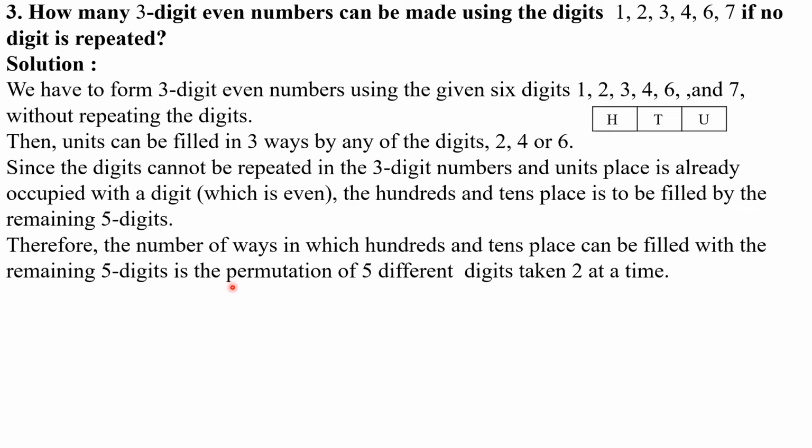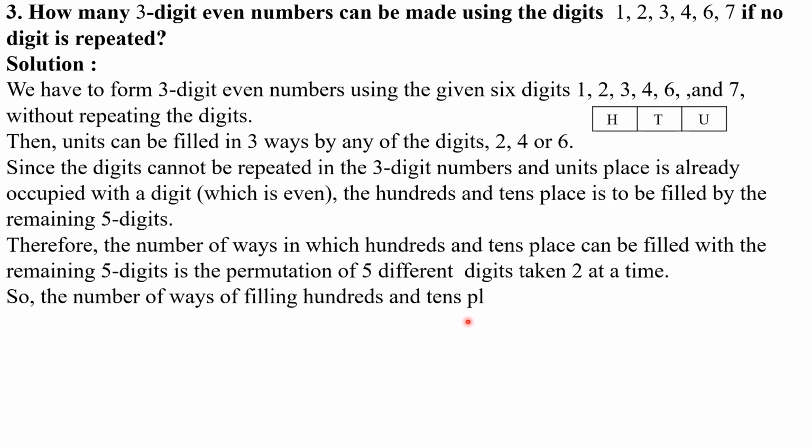How do you denote this sentence? The number of permutations of 5 different digits taken 2 at a time. Yes, 5P2. Okay, my children, remember this point, how to denote a sentence. So the number of ways of filling the hundreds and tens place is equal to 5P2. Understood this step, right?